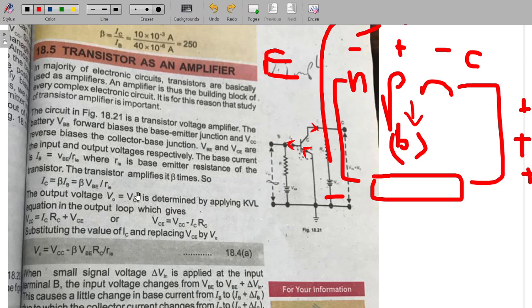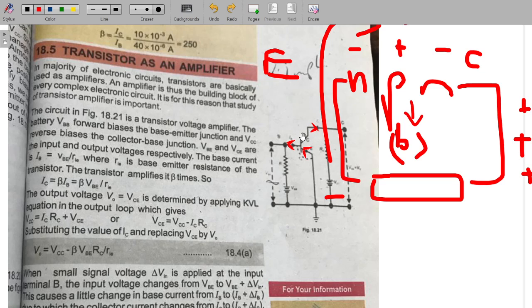So that means VCC is actually the sum of the output plus whatever voltage was because of this current, the current which came towards the collector, or should I say, because we know that it came actually from the emitter, and it got divided into the base and into the collector.